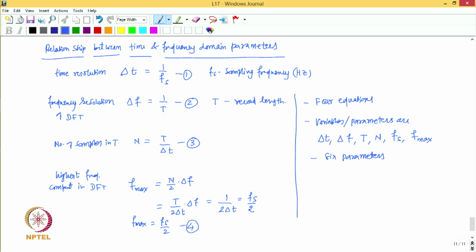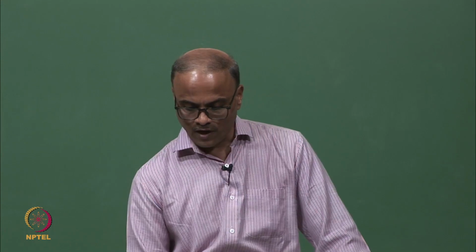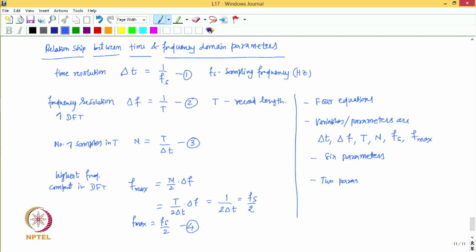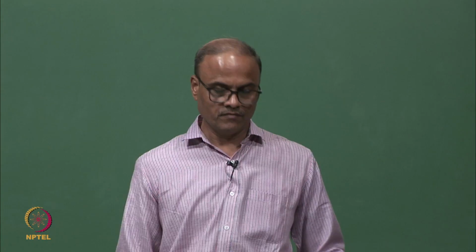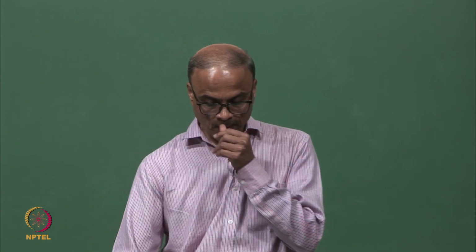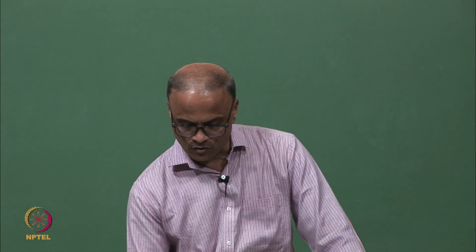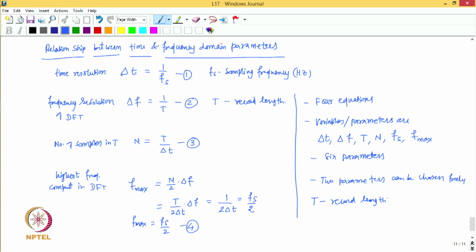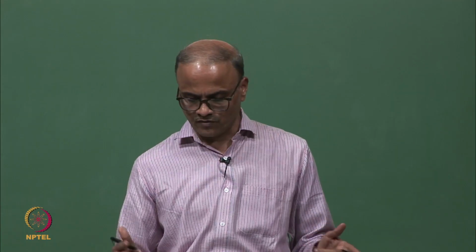It means that 2 of the parameters can be chosen freely. Once any 2 parameters are chosen, the other 4 parameters get automatically fixed from these 4 relationships. In practice we may choose the record length, saying we want to record the signal of this much duration, like 1 second, 2 seconds, 8 seconds, 16 seconds and so on.